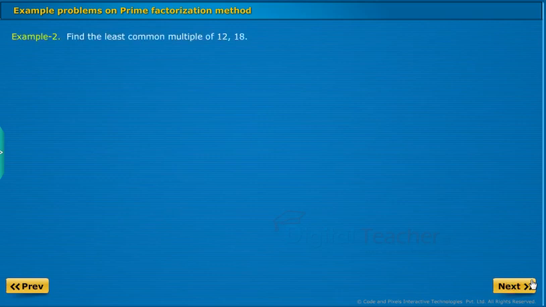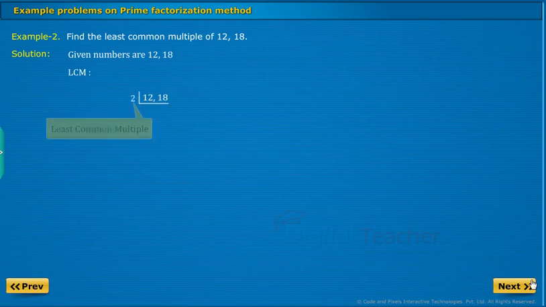Find the least common multiple of 12 and 18. To find the least common multiple of the given numbers, consider the number 12 among the given numbers. The number 18 can be written as a multiple of 2. The number 6 is further expressed as a product of 2 and 3, keeping the other number unchanged.